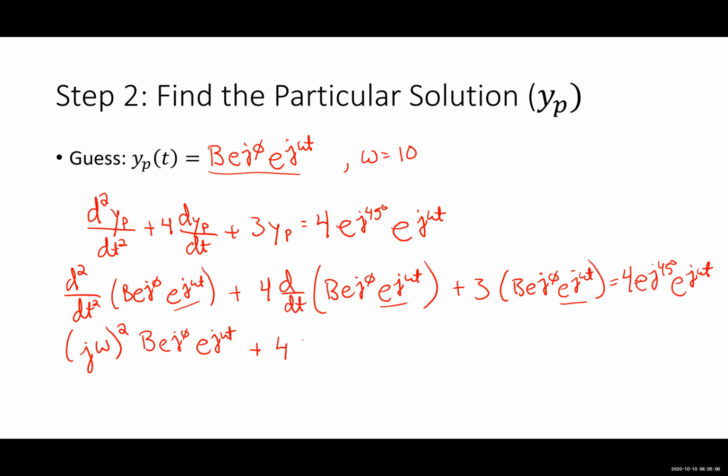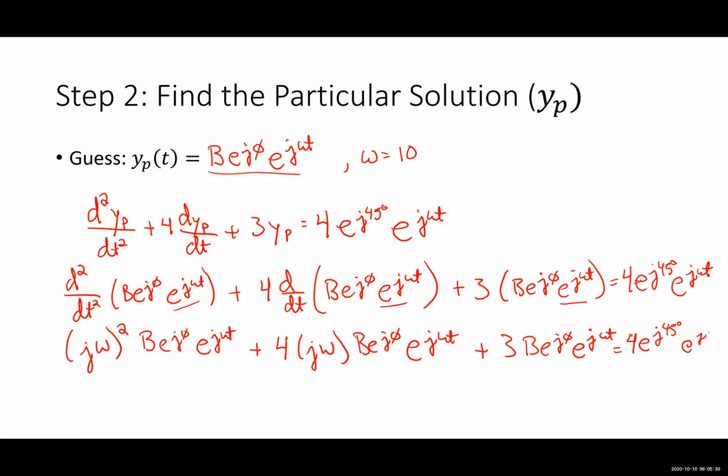So in this case, I would have 4 times j omega times b e to the j phi e to the j omega t, plus 3 b e to the j phi e to the j omega t, equals 4 e to the j 45 degrees e to the j omega t.